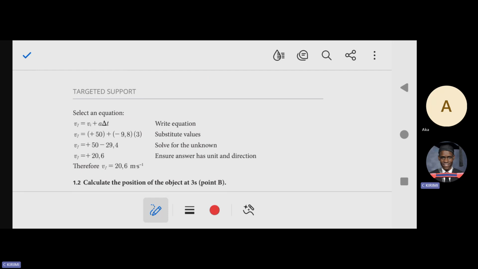You can't use the one for change in Y because you don't have the change in Y. So you are correct. The final velocity is 20.6 meters per second.